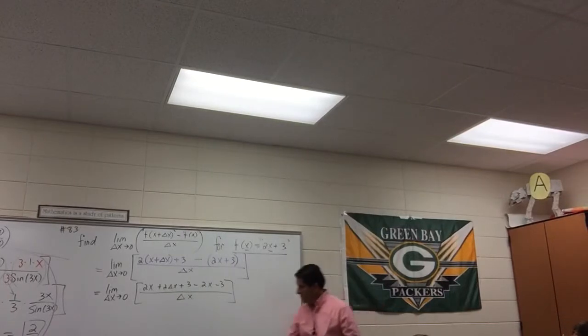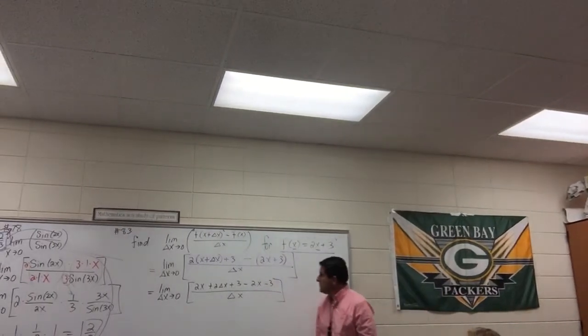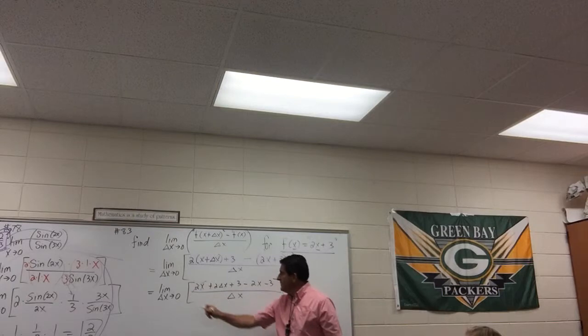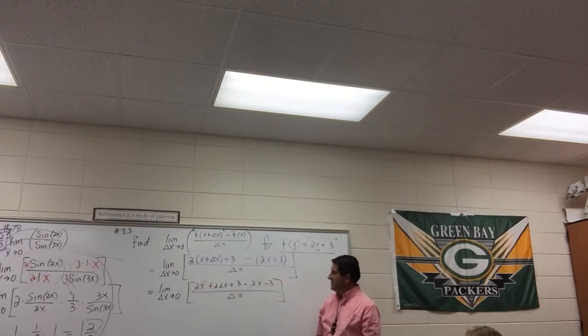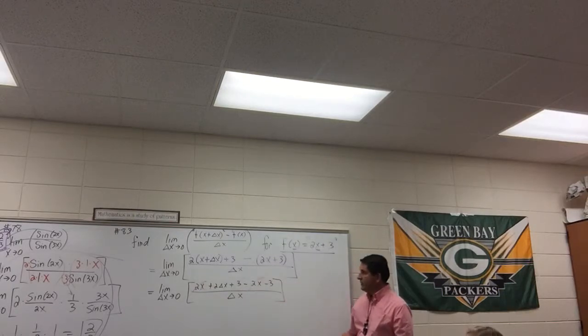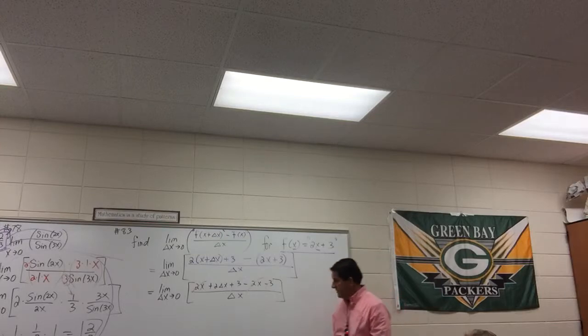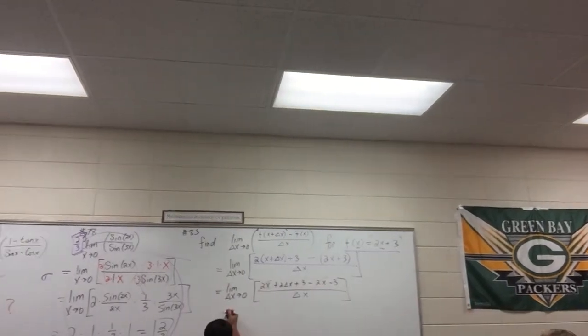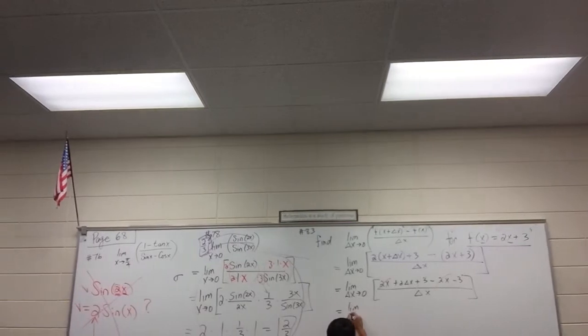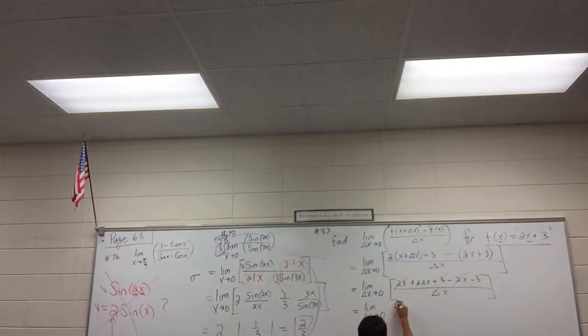Anything cancel? Yeah, positive 2x, negative 2x. Positive 3, negative 3. So the only thing I'm left with is 2 delta x on the top. So this whole thing becomes the limit as delta x approaches 0 of 2 delta x over delta x.